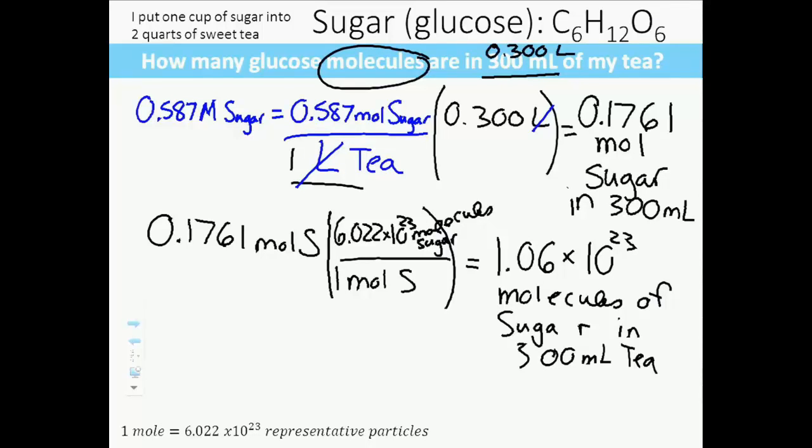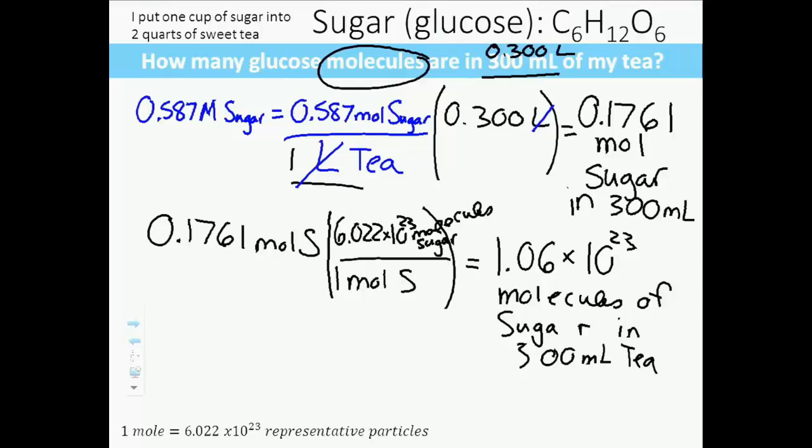It is important to note that we have done the same types of conversions. So we've used Avogadro's number. We had to use our molecular weight to get to molarity. And then this top line is simply thinking about what's going on. So what does it literally mean when we have 0.587 moles per liter? If you think about it, is 0.3 less or greater than a liter? It's less than a liter.